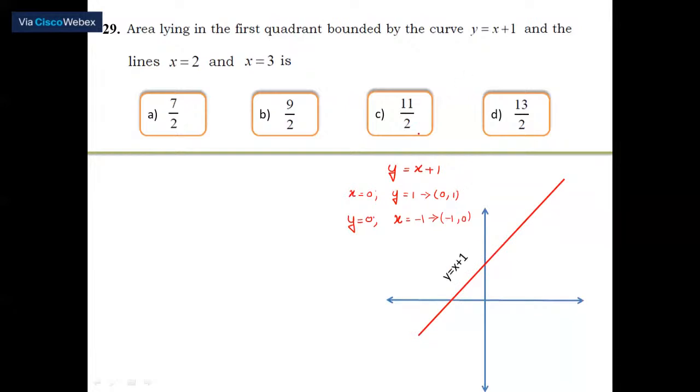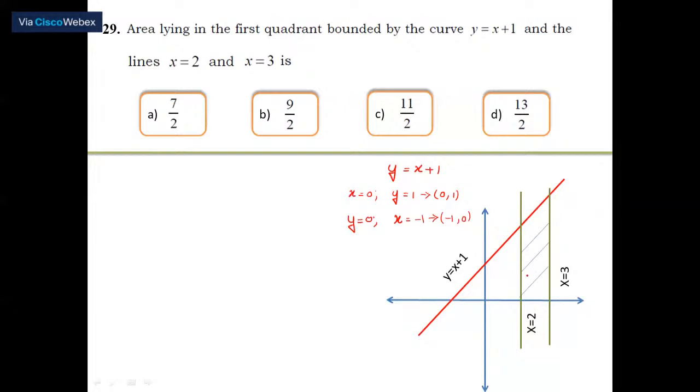Fine. Here, our region is bounded by y is equal to x plus 1 and the lines x is equal to 2, which is parallel to y-axis, and x is equal to 3, that is also parallel to y-axis. So the required area is bounded by the line y is equal to x plus 1 and these two lines x is equal to 2, x is equal to 3 in the first quadrant.